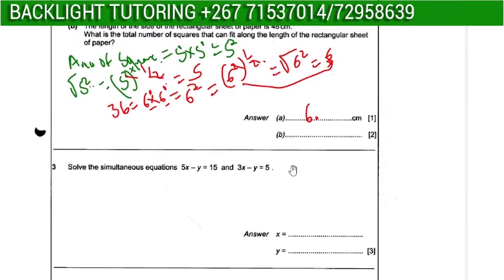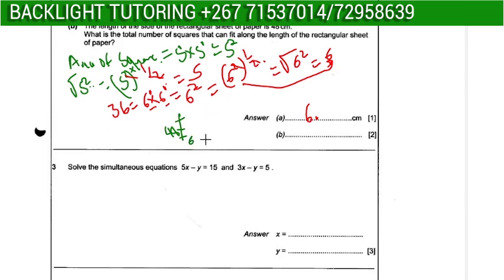The length of the rectangular sheet of paper is 48. What is the total number of squares that can fit along the length of the rectangular sheet of paper? So we can have this length as 48, and then you are told that this will be 6.